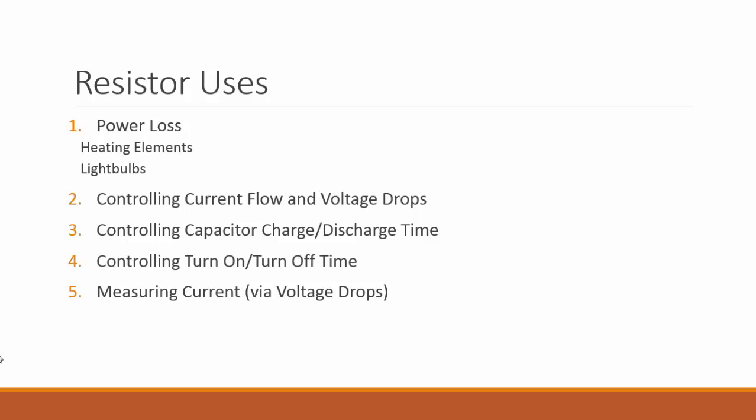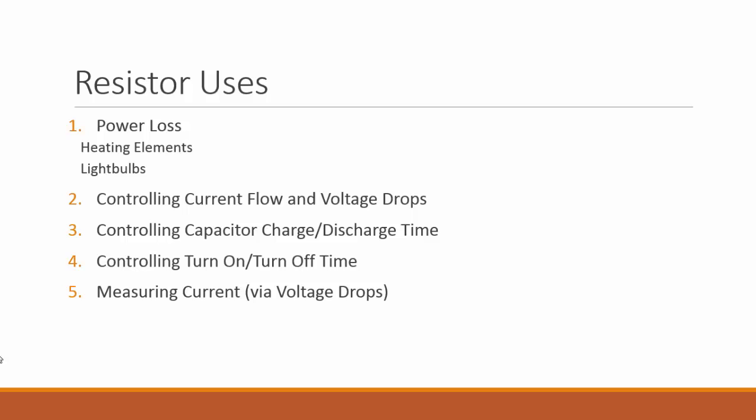So there are those. There are other uses, including that you want to use resistors to control the amount of current that's flowing through an object and where the voltage drops are in a circuit. And that'll be useful for other things like how much charge you have on a capacitor or in an inductor.